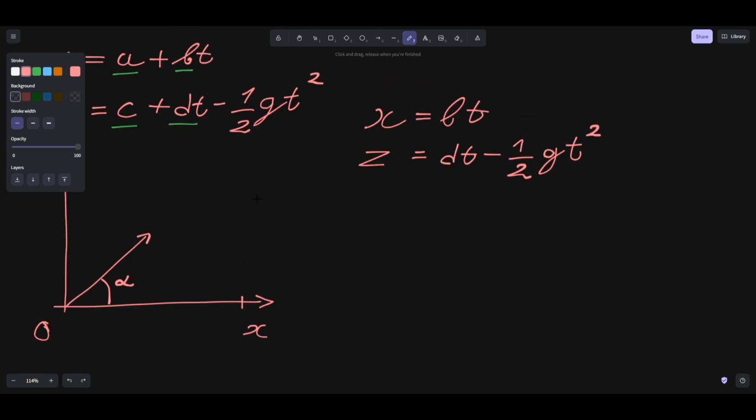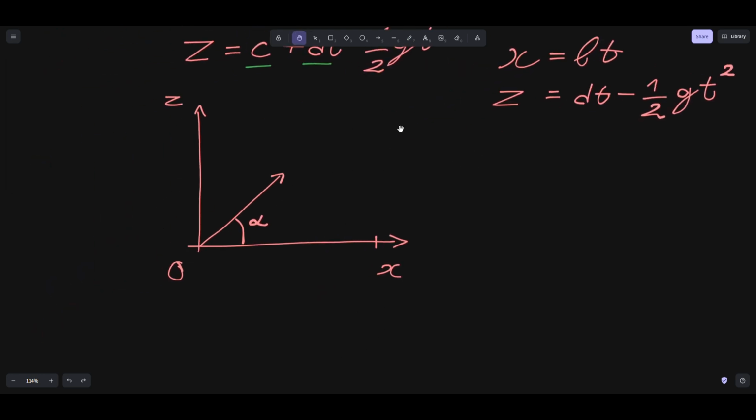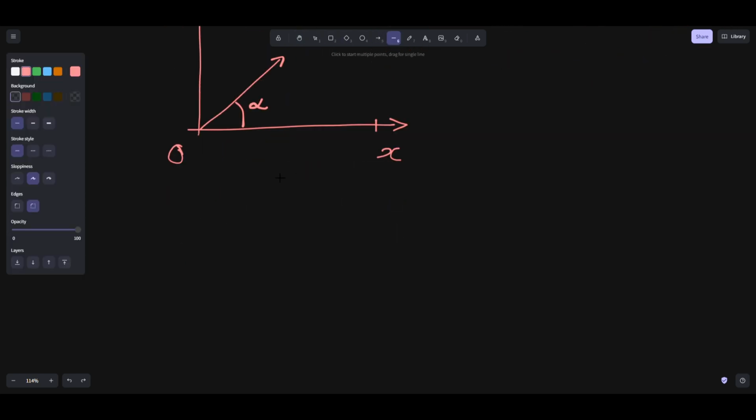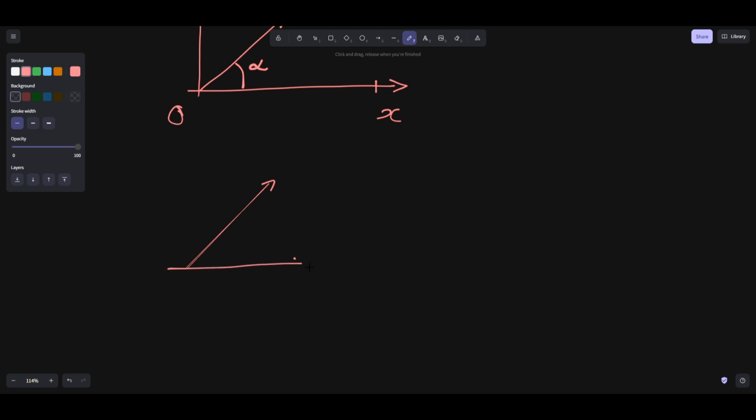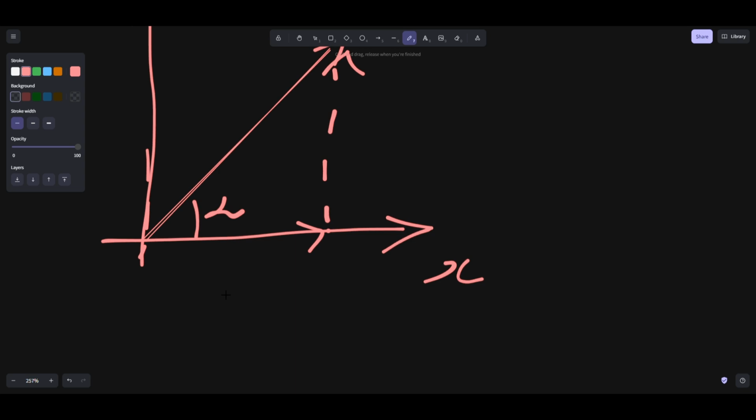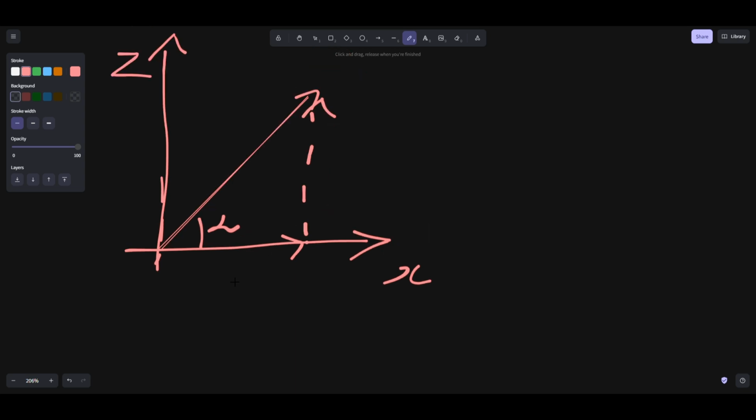And so how do we do this? Of course we can use this angle. Let's draw a little picture of just the angle. So this is x dot, and this is z dot.